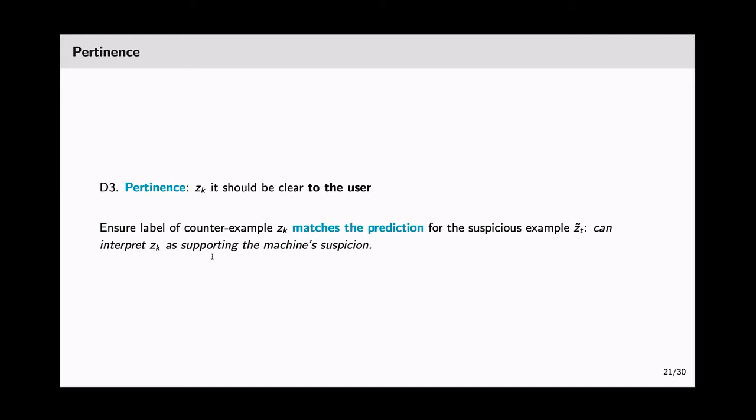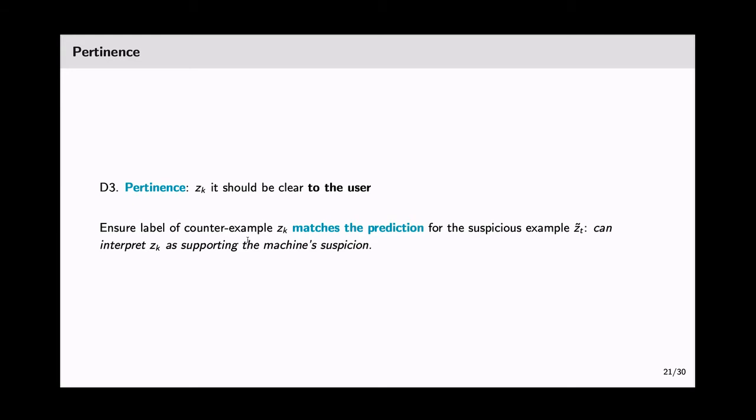It should be clear to the user why a counterexample supports the machine's skepticism. The solution, very easy, is to select examples in our training set that belong to the same class as the prediction.